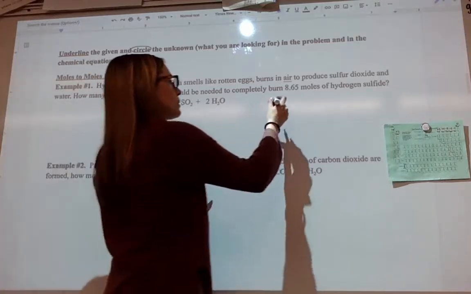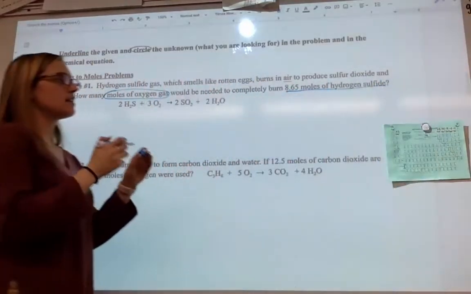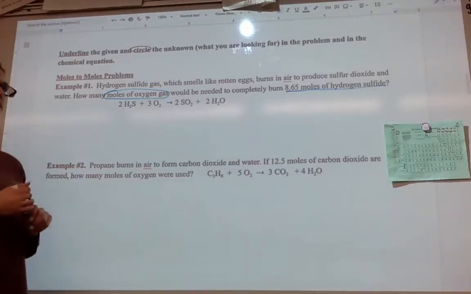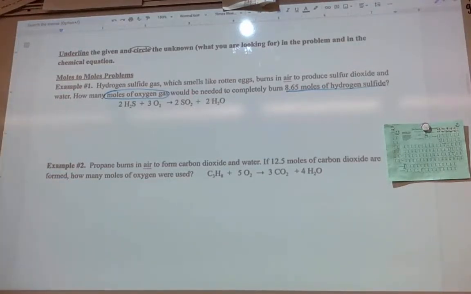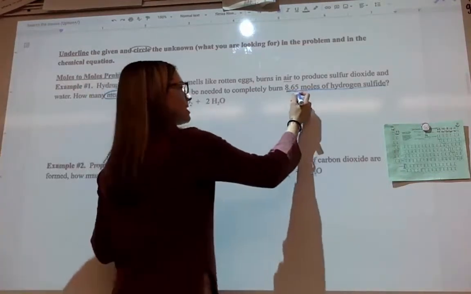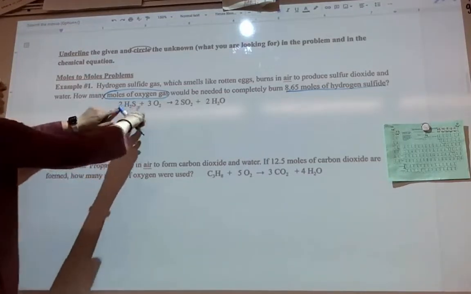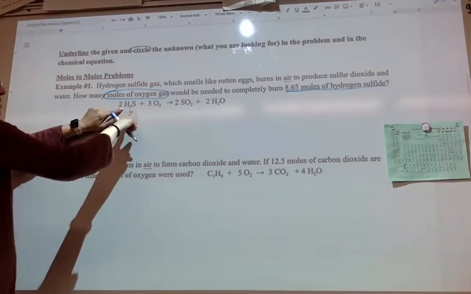Would be needed to completely burn 8.65 moles of hydrogen sulfide. So notice that I'm not only underlining the number and the unit, but I'm also underlining the substance. This is the best way as you start getting into these stoichiometry problems to organize your information. I like doing this as well. So 8.65 moles of hydrogen sulfide. Well, if you look at this balanced equation, the only one that has hydrogen and sulfur is H2S.